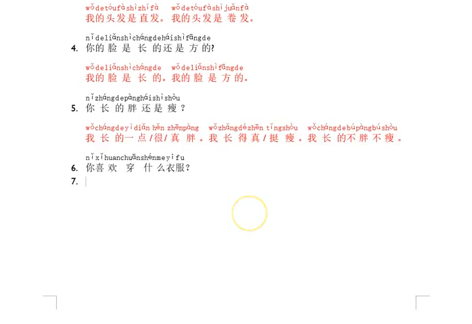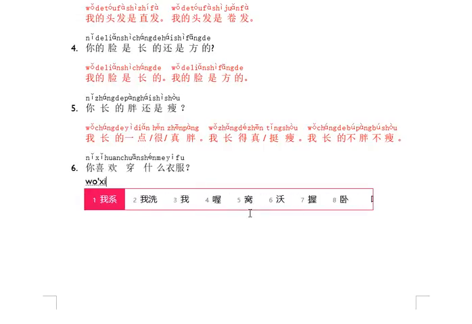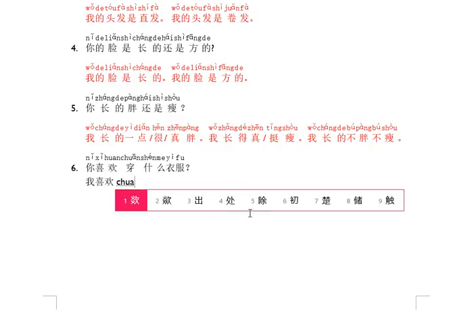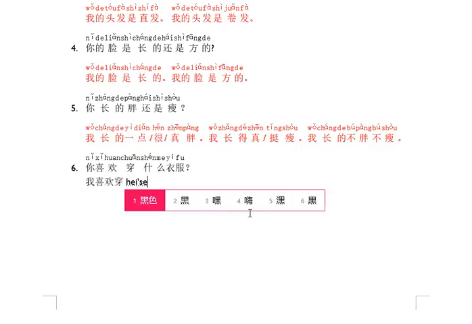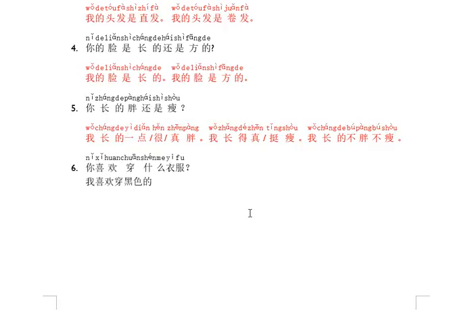Now the last one, 你喜欢穿什么衣服? Now, what do you like to wear? So to answer this question properly, 我喜欢穿黑色的裙子.